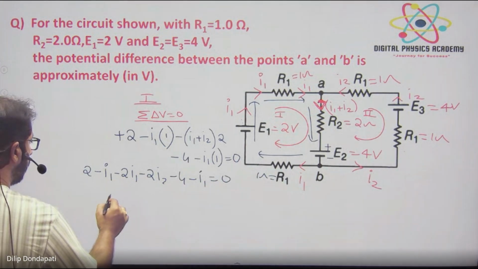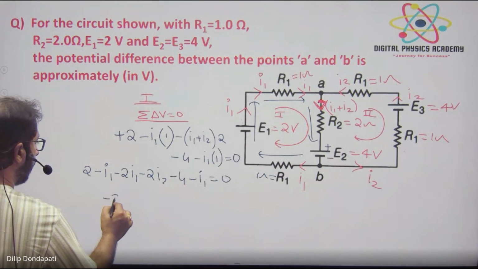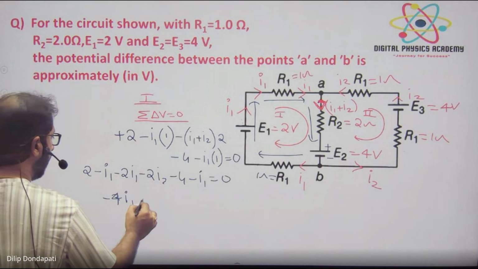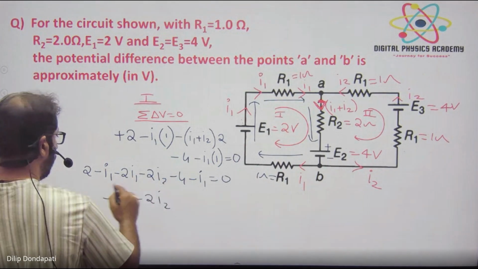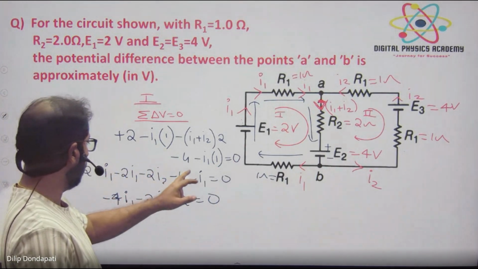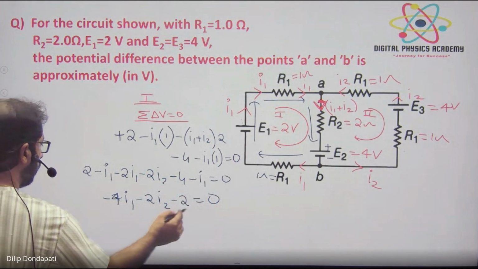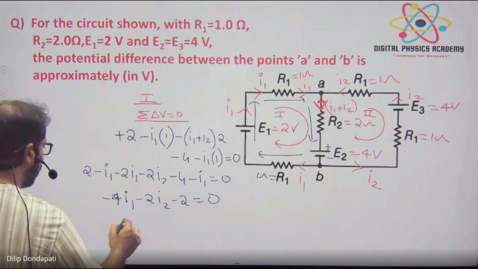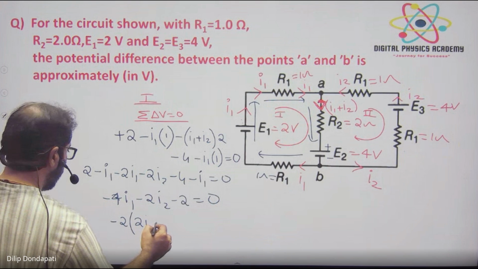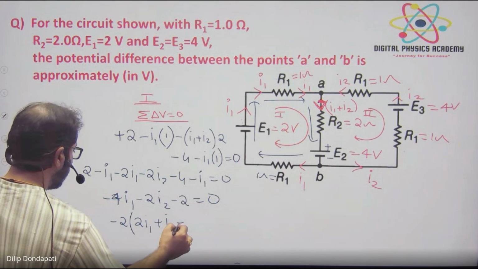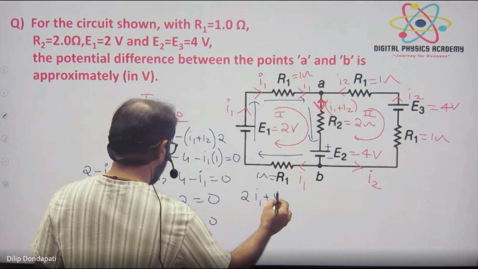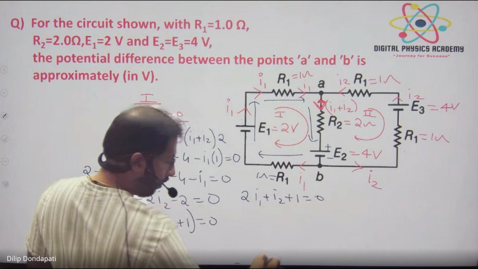So minus 4I1 minus 2I2 minus 2 is equal to 0. 2 is common, ले लो. So 2I1 plus I2 plus 1 equal to 0. So this is the first equation: 2I1 plus I2 plus 1 equal to 0.